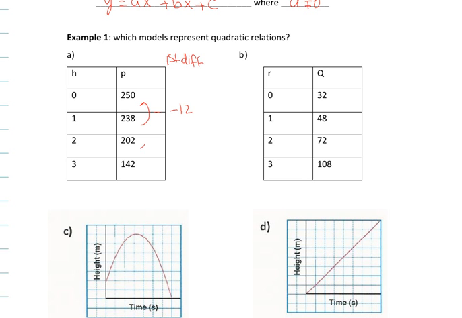And then 202 minus 238, that's going to be minus 36. 142 minus 202, that's going to be minus 60. So it is clear that my first difference is not constant.